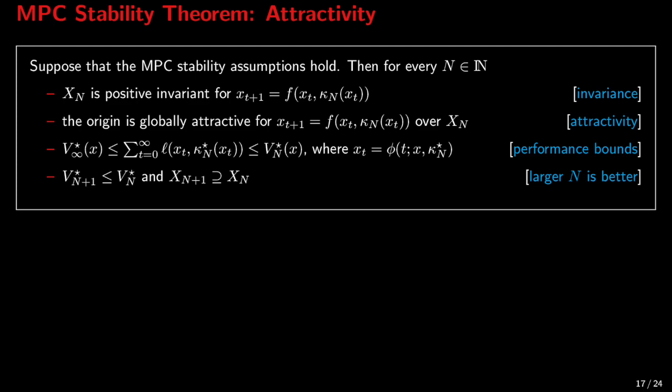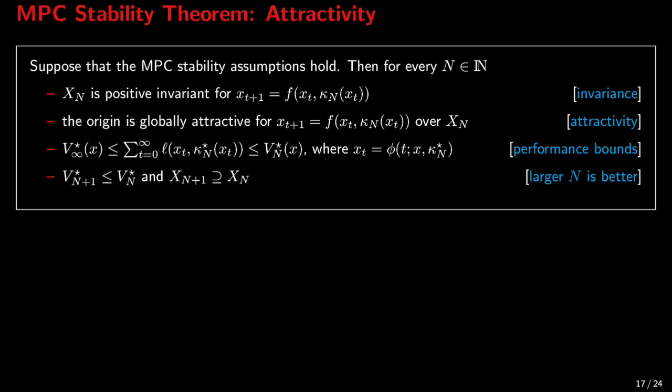This inequality gives that V infinity star is upper bounded by VN star. So VN star, the optimal value function of the problem we solve, is an upper bound to the infinite horizon problem. It is worse than the infinite horizon problem.